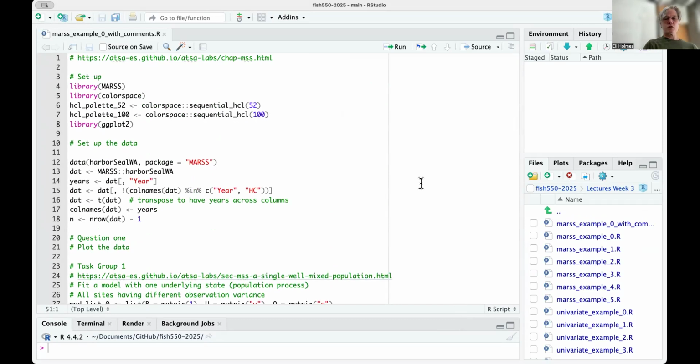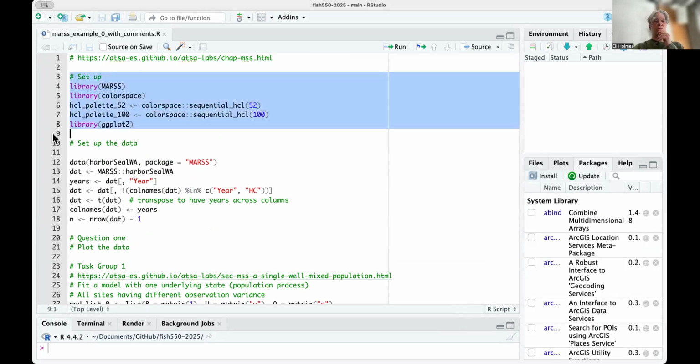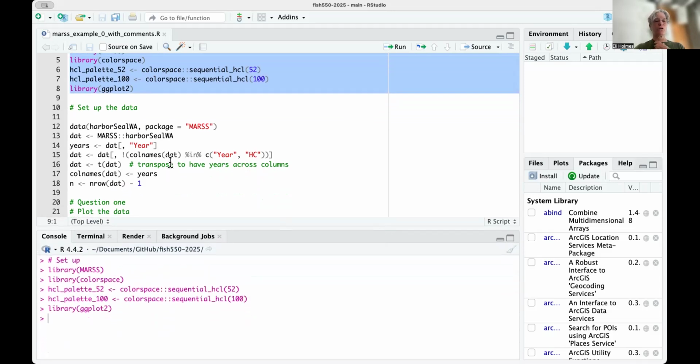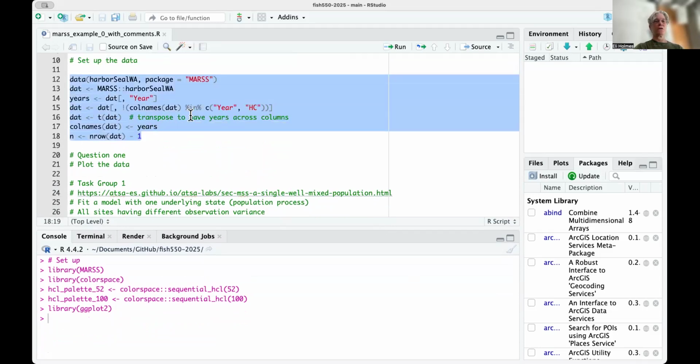If you have installed the ATSA library, you already have MARSS. If you don't, you can go into packages over here and install it. So go through this, we're going to set that up. And we are going to start by looking at the Harbor Seal data that comes in the MARSS package.